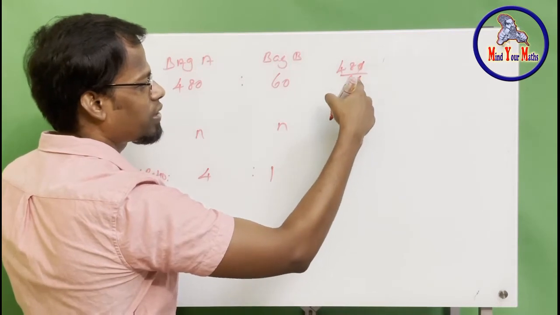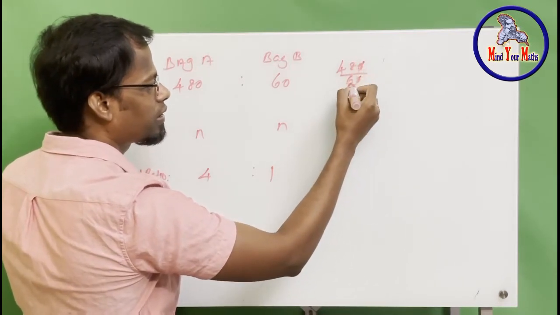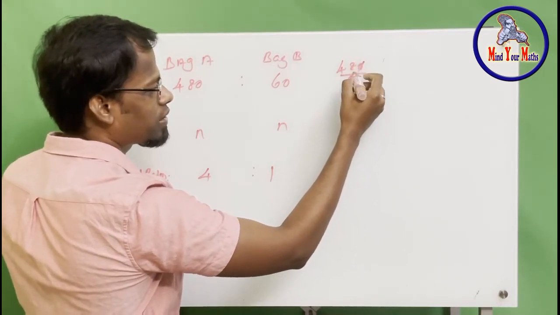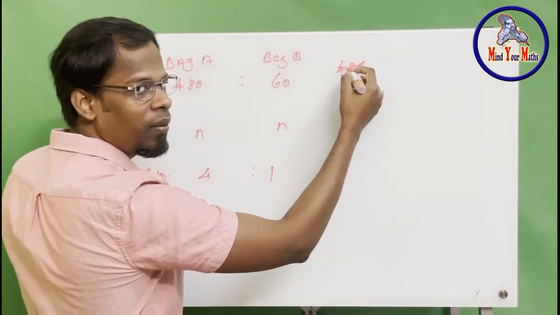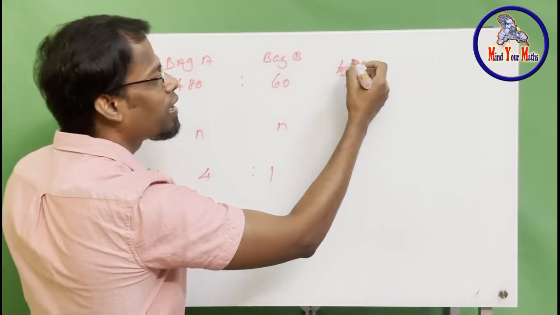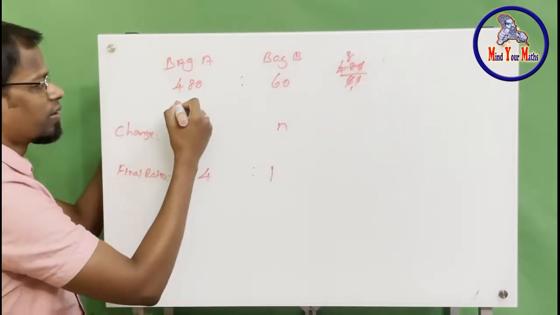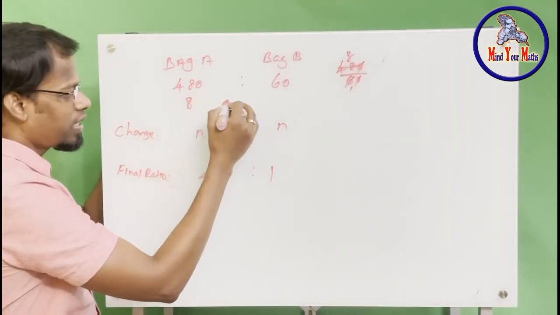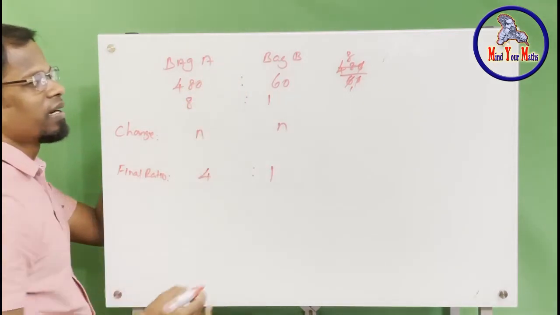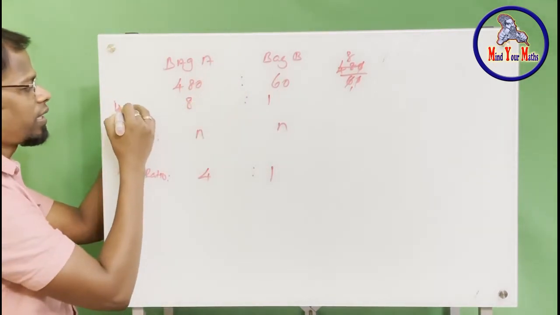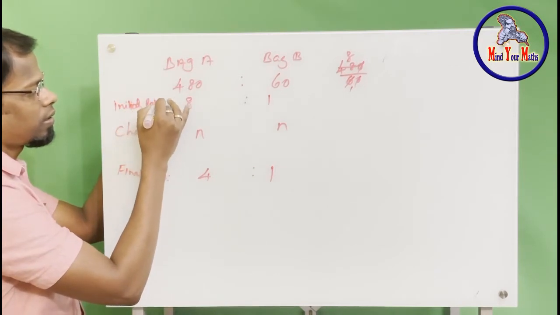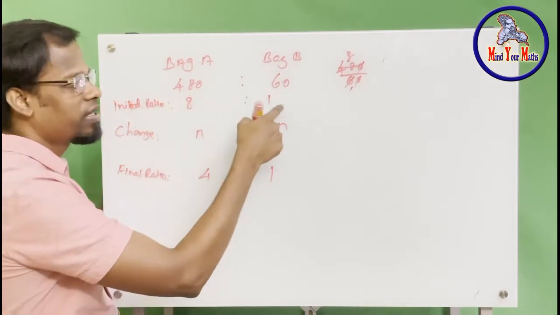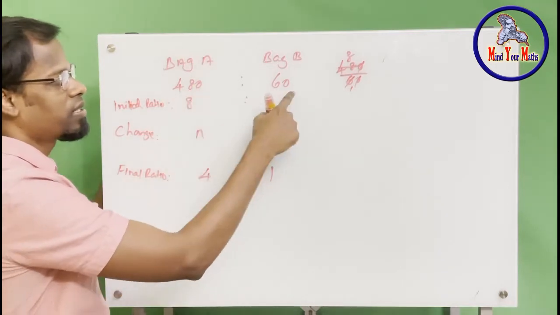Zero to zero is getting cancelled, and for 6, 1 times 6 is 6, and then how many times? 8 times. Very good. So the initial ratio is 8:1, which is these two numbers.